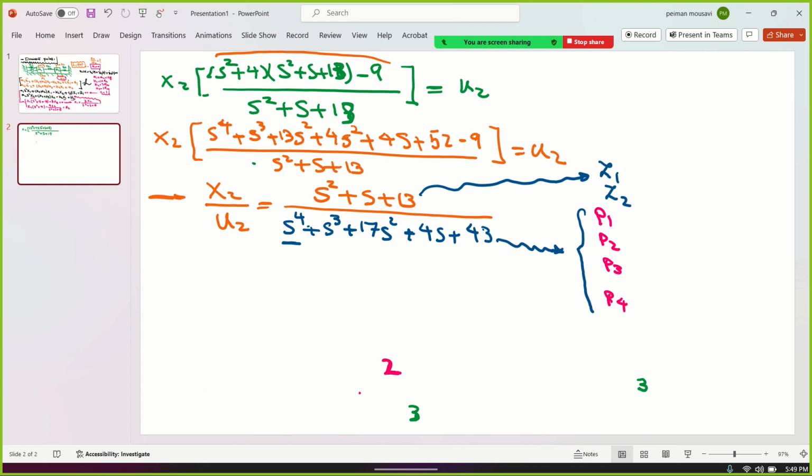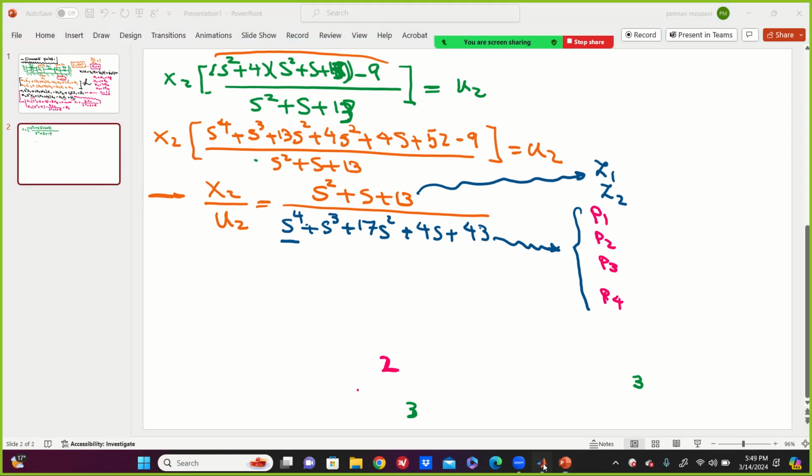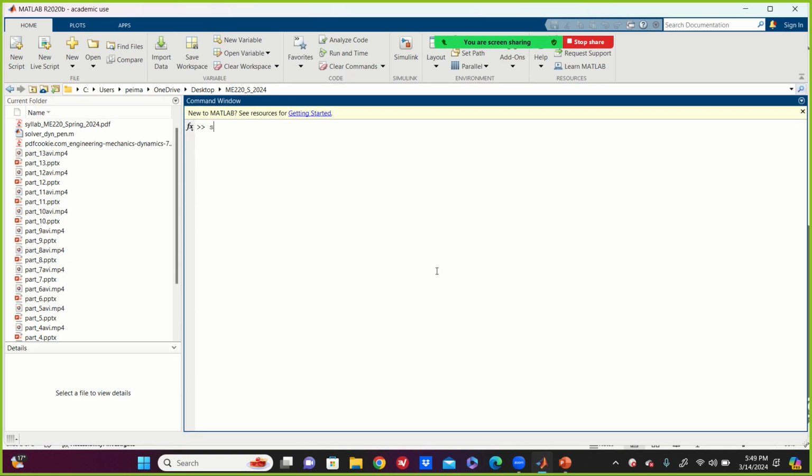Okay, good. So now going to MATLAB, I want to find first of all the poles of the system. You know how to do it, right? syms x.